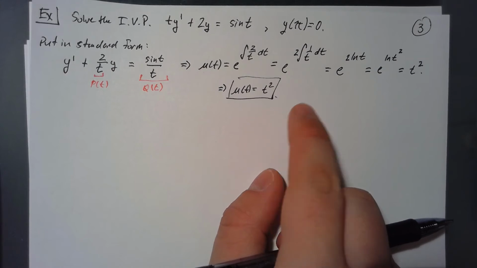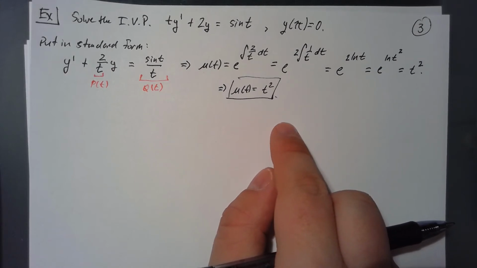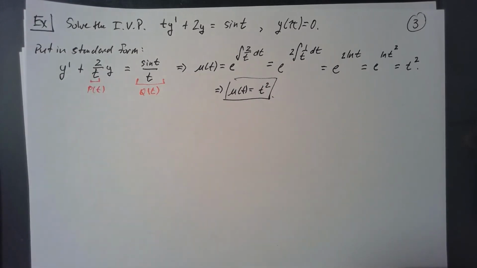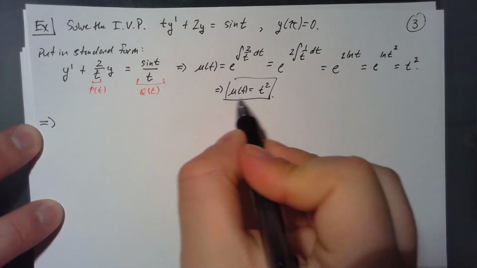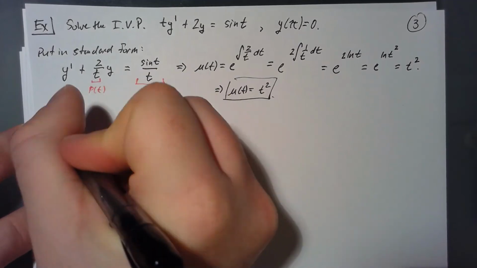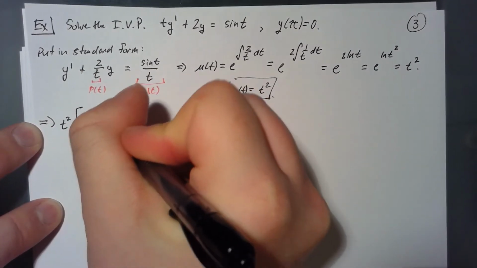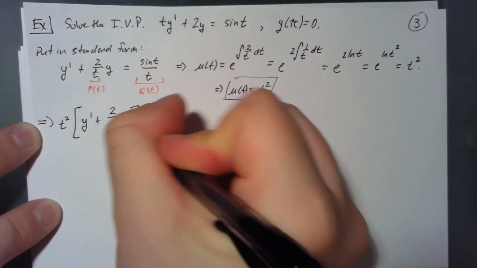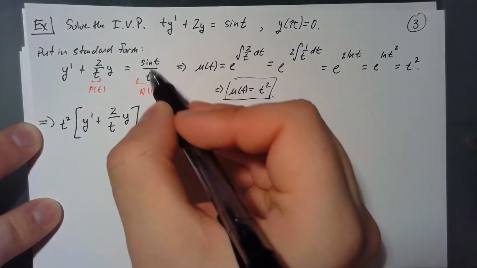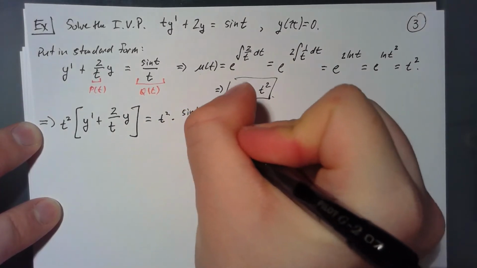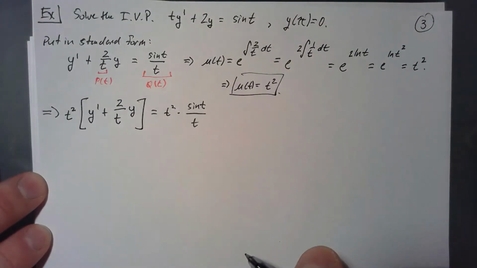So what am I going to do now? Multiply this by both sides, right? So I'm going to have t squared times the left side equals t squared times the right side. What am I left with?